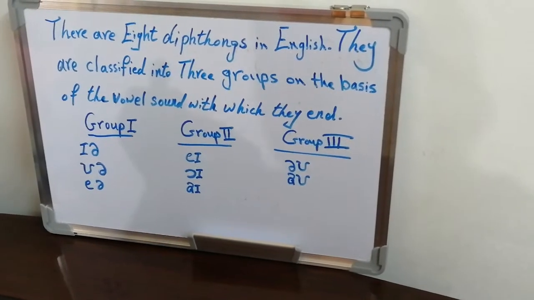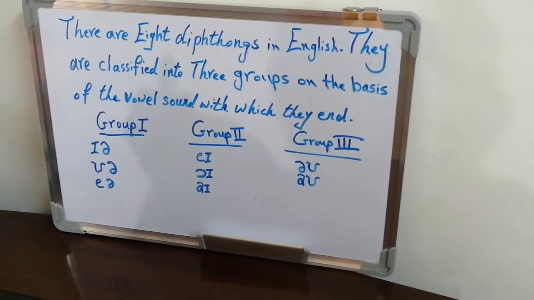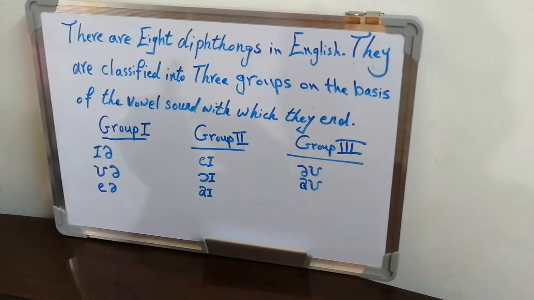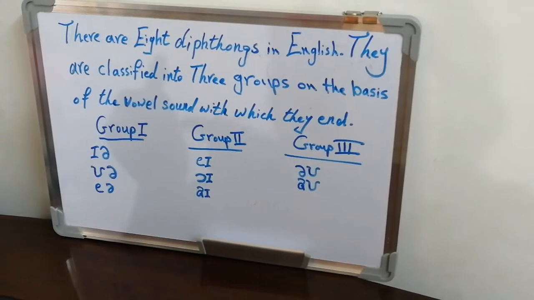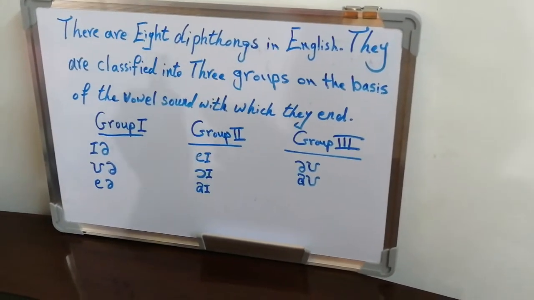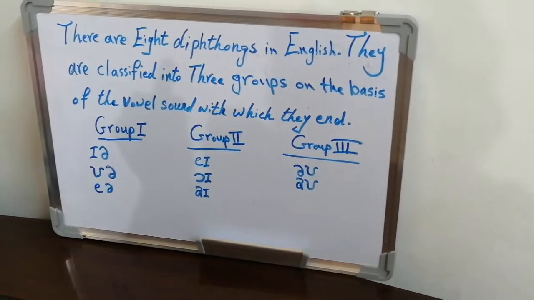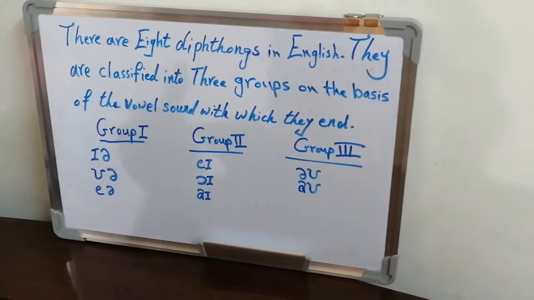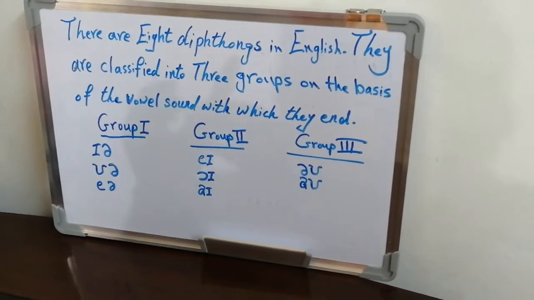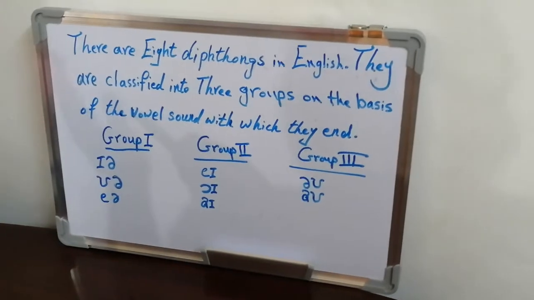I gave them to you, and they are 12 pure sounds. Today we are going to deal with the remaining 8 sounds, because as I told you before, there are 20 sounds in English. Now these 8 sounds are different from the first 12 sounds.